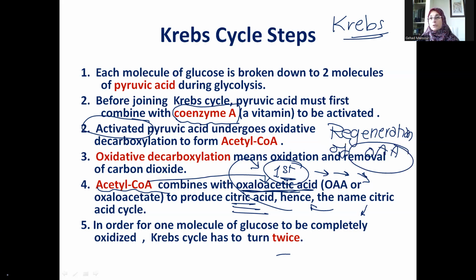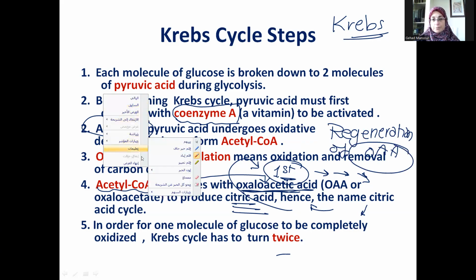And what's interesting to know is that for each glucose molecule to be completely oxidized, we need a Krebs cycle to turn twice. Why is this important?